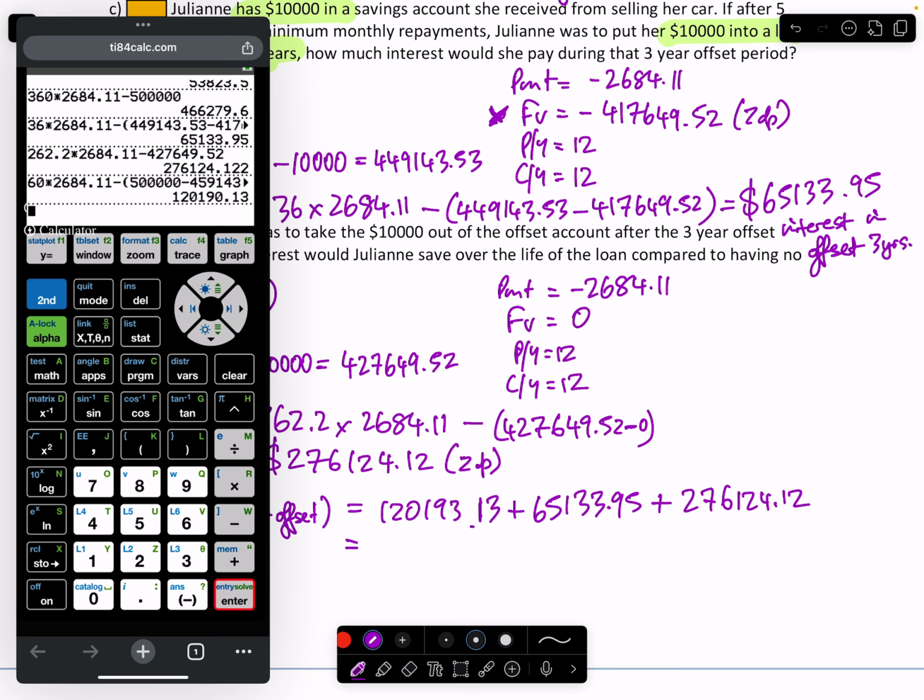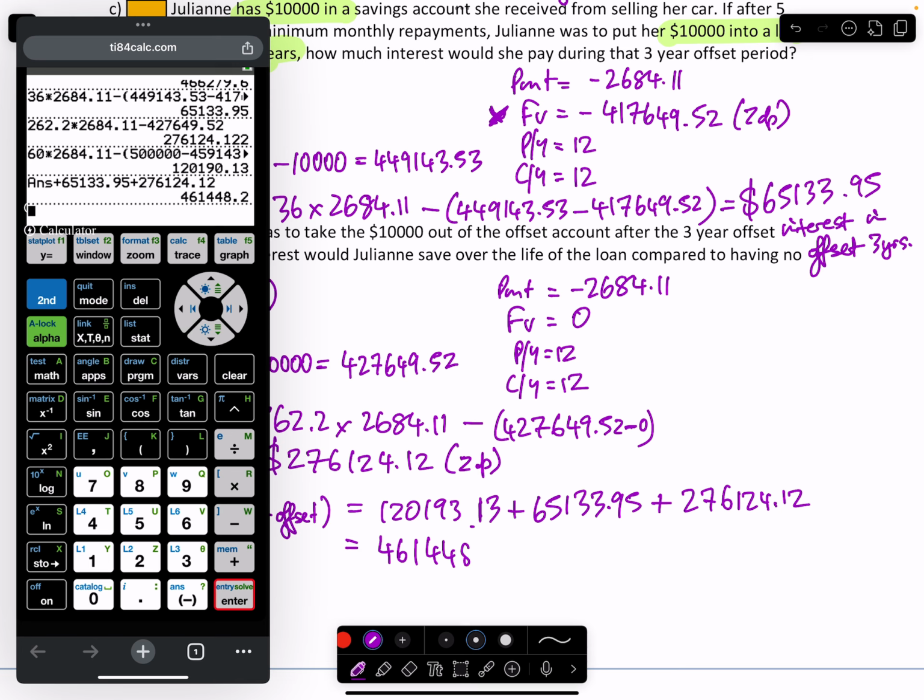That number's already there, plus 65,133.95, plus 276,124.12. $461,448.20.